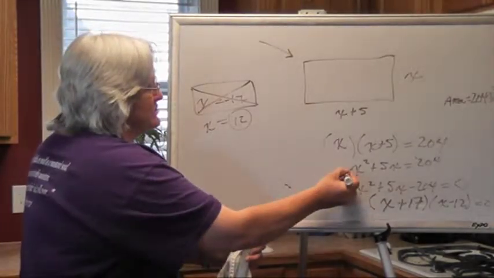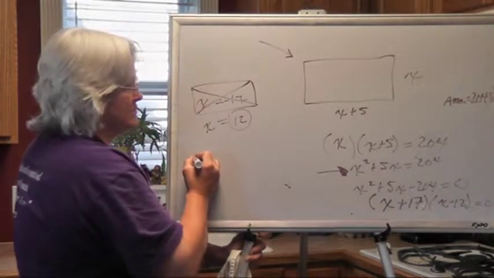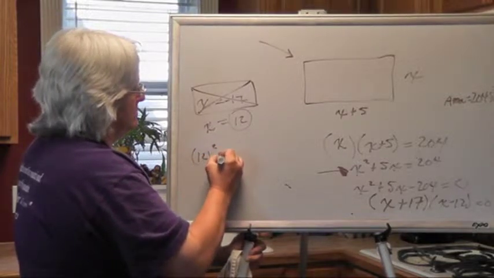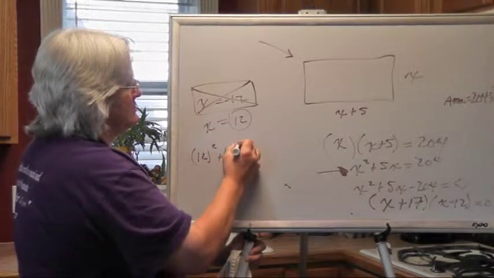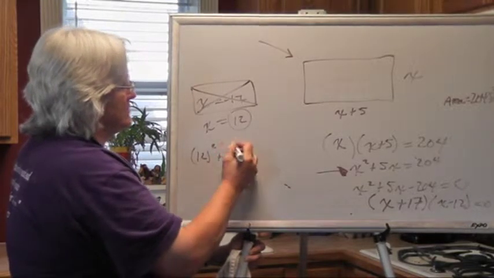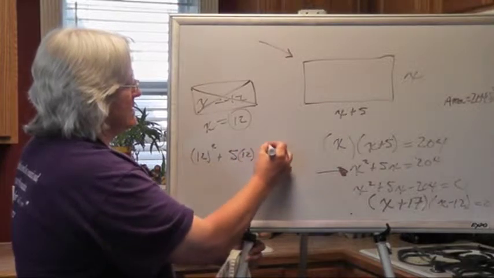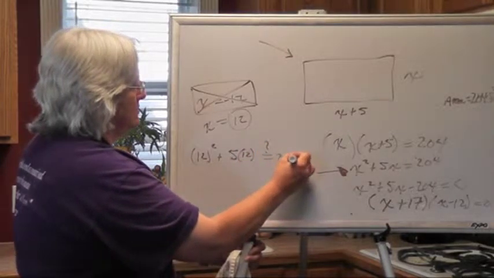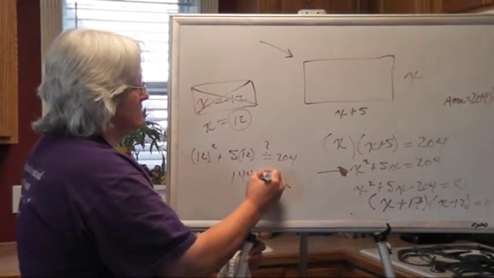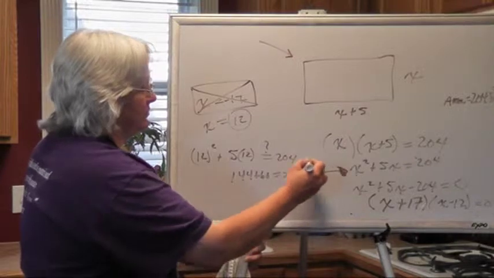So here's our original equation. Let's substitute in and see what happens. 12 squared plus 5 times 12, is that equal to 204? 144 plus 60 is equal to 204.